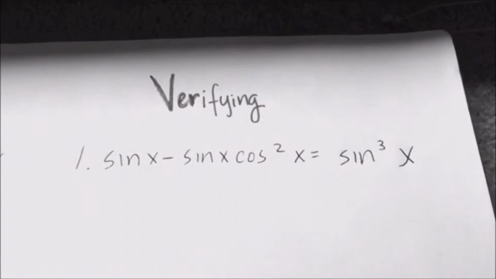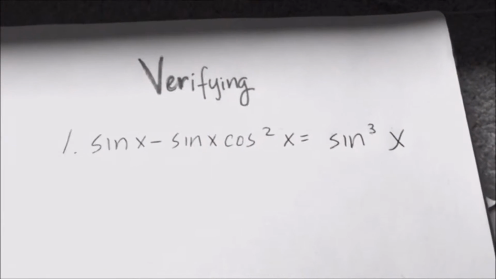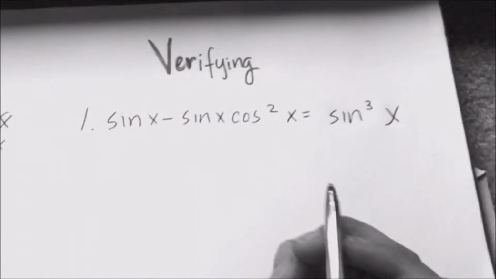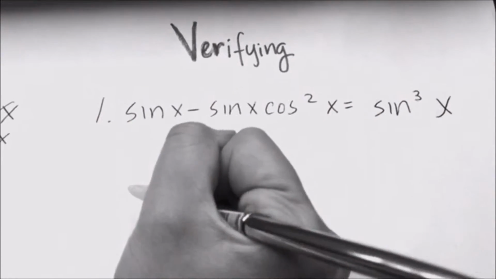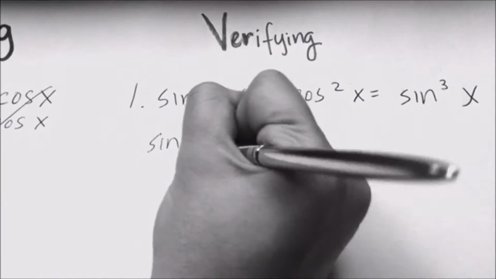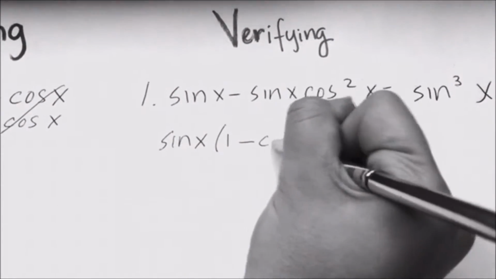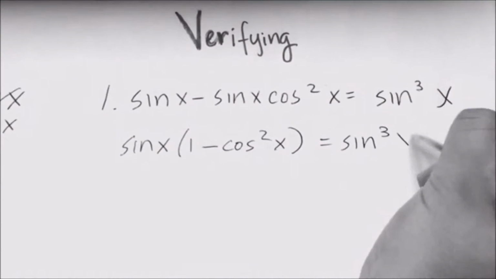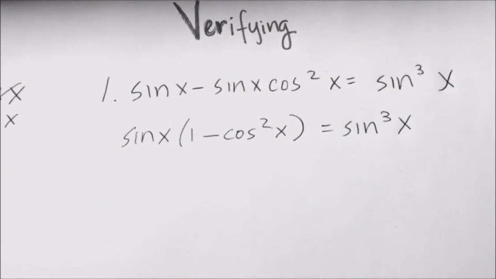Okay, so now we're going to verifying, and this is a challenging one, y'all, because I hated it so much. Now, let's get started. You gotta be cautious with this. First, you take out a sine x. And always equal it to sine cubed x.